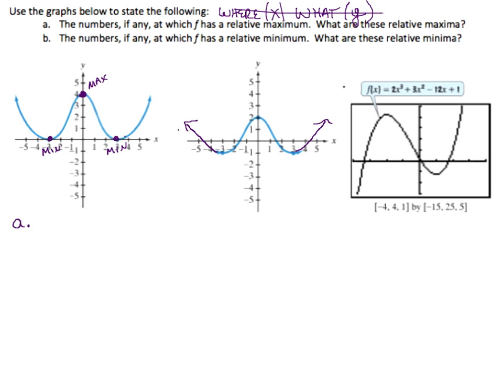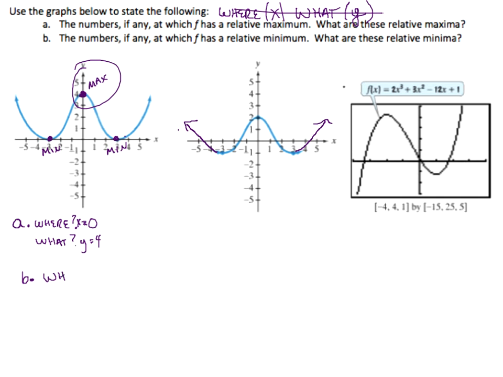So in this first one, for A, we're talking about maxes. The where in this first graph is at 0. X equals 0. The what? So what is the relative maximum? It's 4. So it's asking for the y value. That's that point right there. So it happened at an x value of 0, and the maximum is 4.